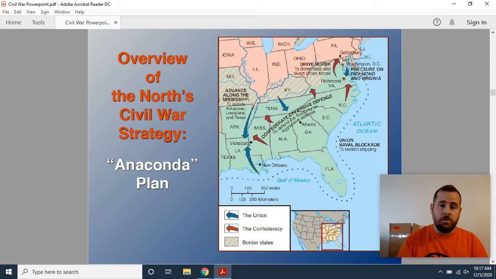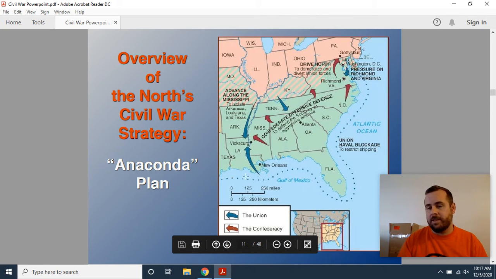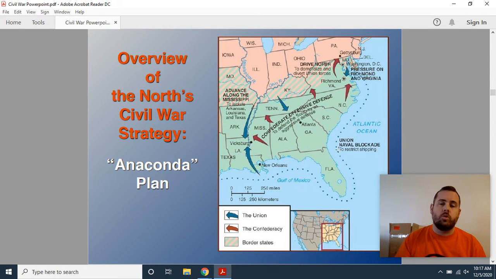They're going to use the Union Navy to set up a blockade around the Confederacy. This will prevent the Confederacy from trading cotton. Remember, the Confederacy is going to have to trade their number one resource, cotton, for most of the resources that they don't have, ammunition, food, and things like that. So the North sets up a blockade.